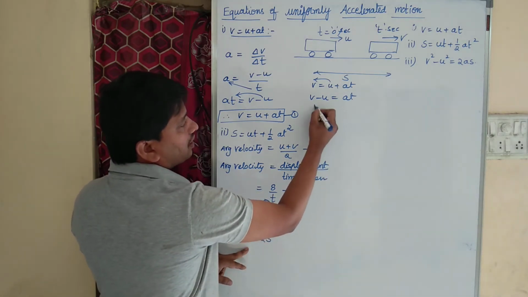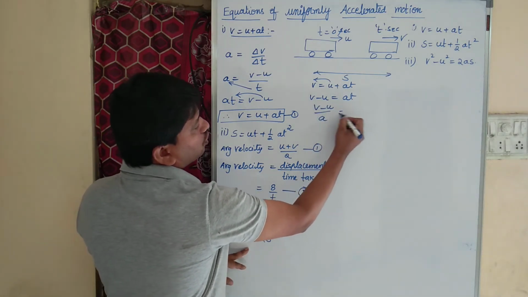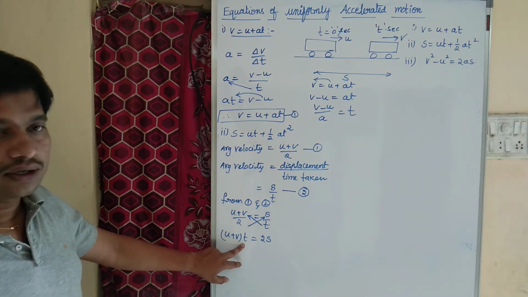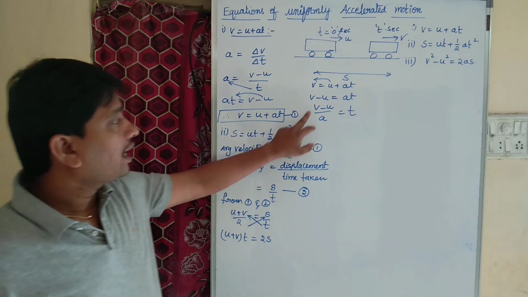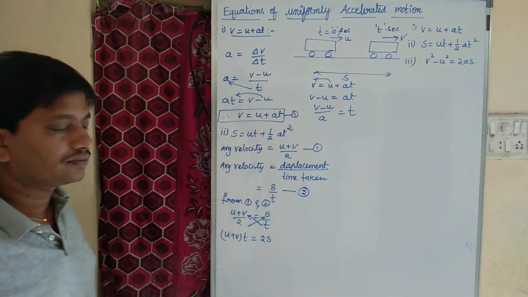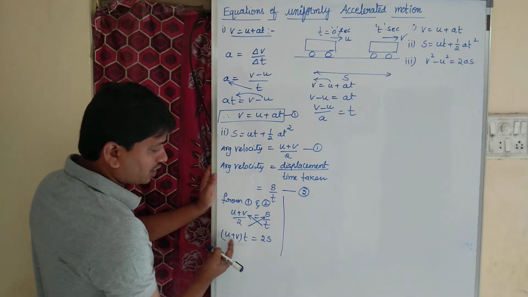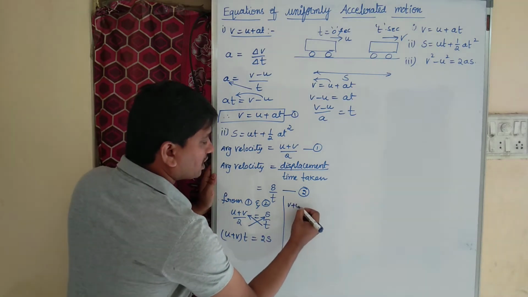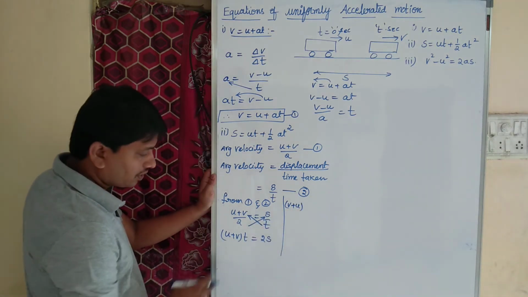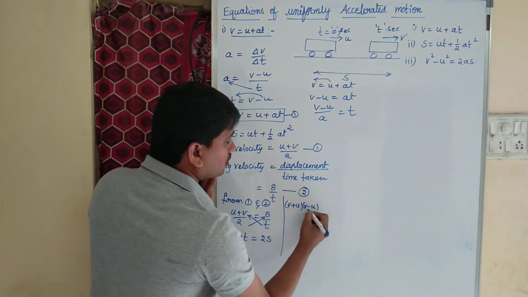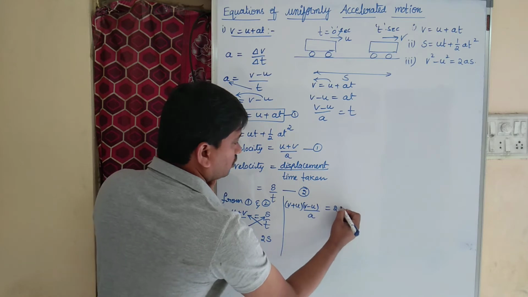Here a is multiplying, transpose this side, v minus u by a equal to t. Students, what do you mean by t? In place of t, I can write v minus u by a. So in place of this, u plus v as it is, I can also write v plus u or u plus v, both are same. In place of t, let us write v minus u by a, equal to 2s.